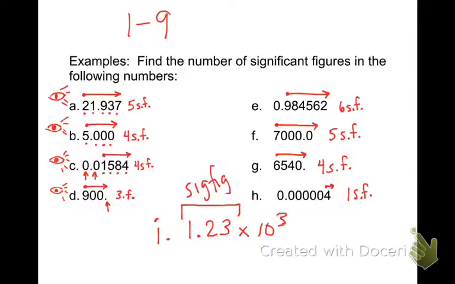So they're all considered to be sig figs, which means when we have scientific notation, any number that is written out, those count. So for this number here, for this scientific notation, 1.23 times 10 to the third, we've got 3 significant figures. You might want to add that to your notes. Okay.